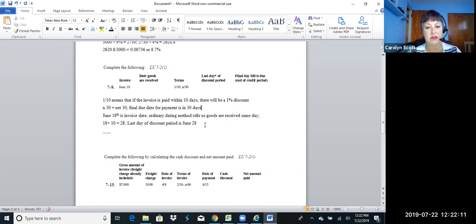So the last day of the discount period is June 28th. But if they pay it after 10 days, but within 30 days, then they'll just pay the regular amount on their invoice.